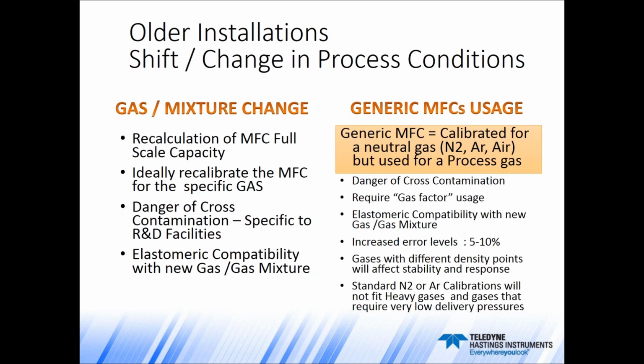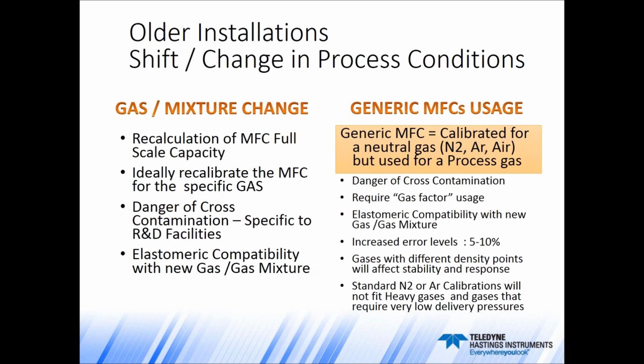Obviously, one of the solutions is to move up to a metal seal flow controller where all the seal areas are made out of stainless steel. So all the seals are actually metal, stainless steel or nickel in some cases. And this is where some of the compatibility with the different gases is not an issue anymore.